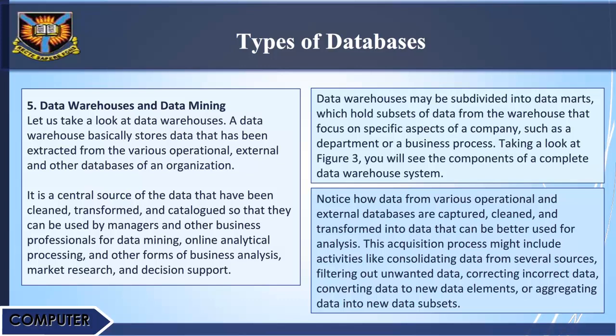Notice how data from various operational and external databases are captured, cleaned, and transformed into data that can be better used for analysis. This acquisition process might include activities like consolidating data from several sources, filtering out unwanted data, correcting incorrect data, converting data to new data elements, or aggregating data into new data subsets.